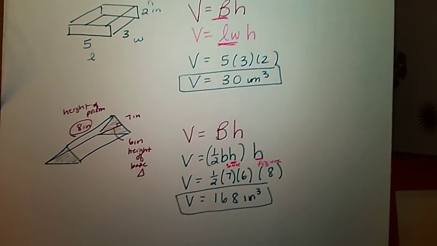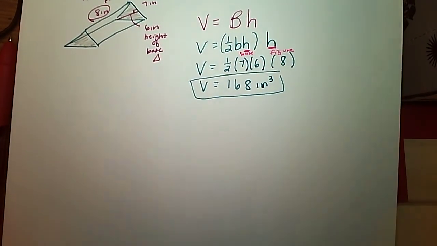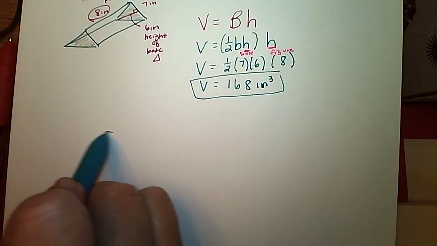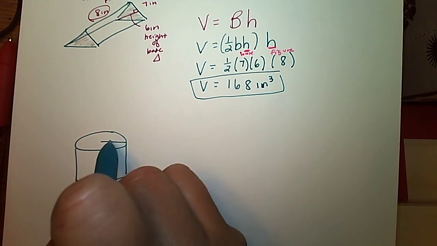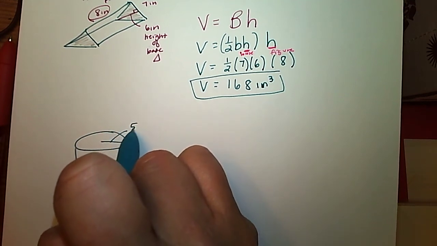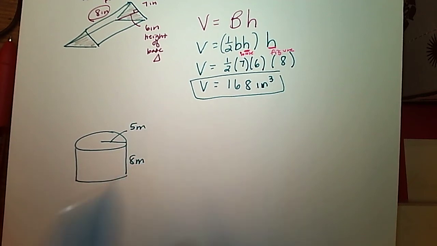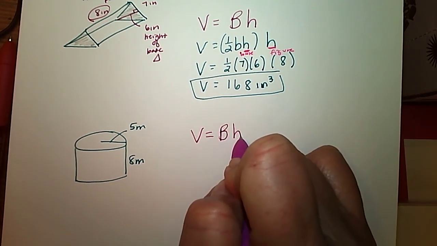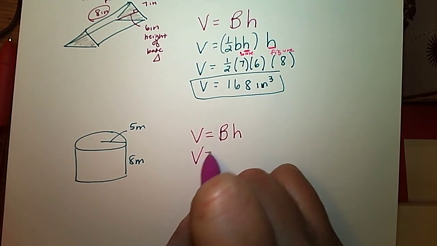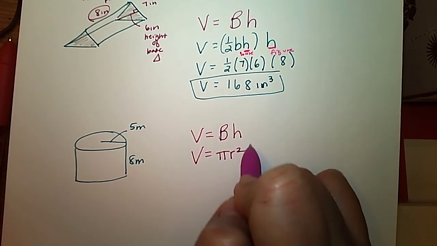It's one big thing. All right, so now my last one is the cylinder. You've done cylinders for years, but we're just going to review him quickly. All right, so with my cylinder, again, if you look on your formula sheet, it's still going to be volume equals area of the base times the height, but you'll notice on your formula sheet it says pi r squared h.